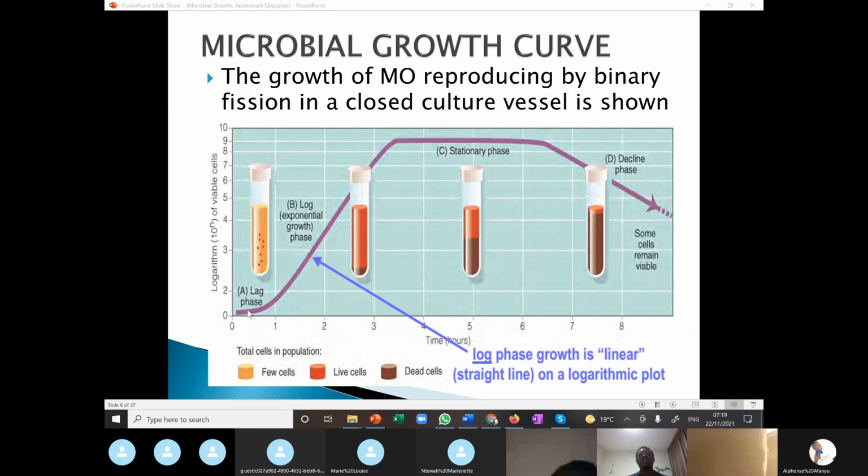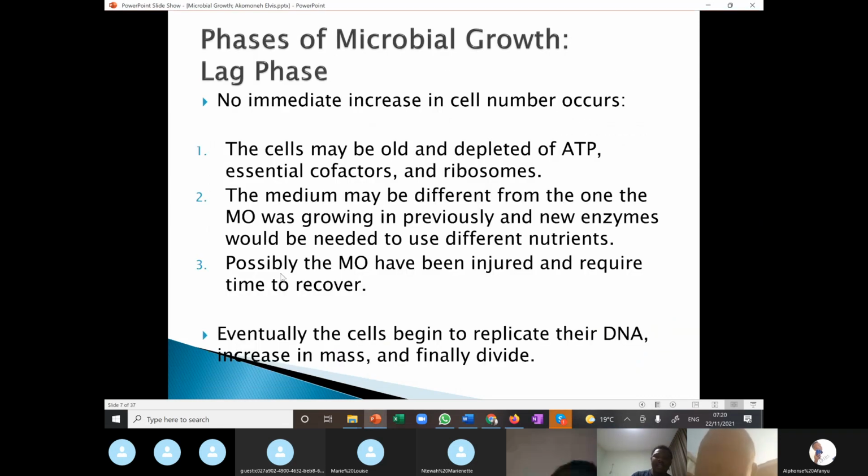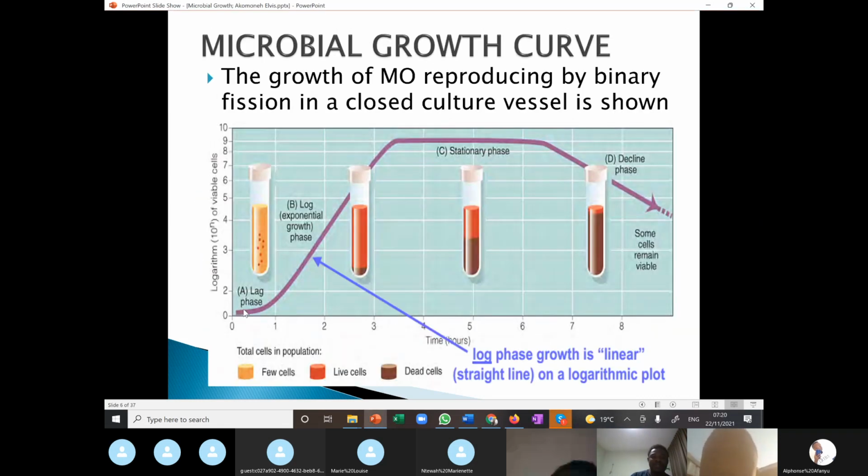Duplication usually requires certain enzymes. Cell division requires certain enzymes to facilitate that. Of course, we know of DNA polymerase, we know of helicase, and so on. So these enzymes need to be synthesized to prepare the organism for growth. So all of this takes time. That is why, again, at the beginning, the line is fairly straight.